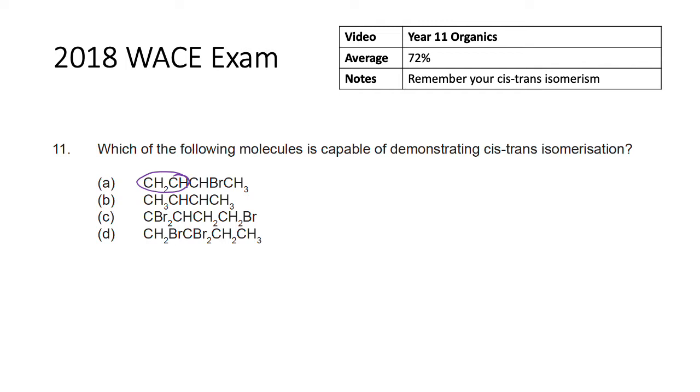All right, so therefore you find the double bond in each of them. Here's another double bond. Here's the other double bond in this one, and where's the other double bond there? It looks like that one doesn't have a double bond, so therefore that can't have cis-trans isomerism.